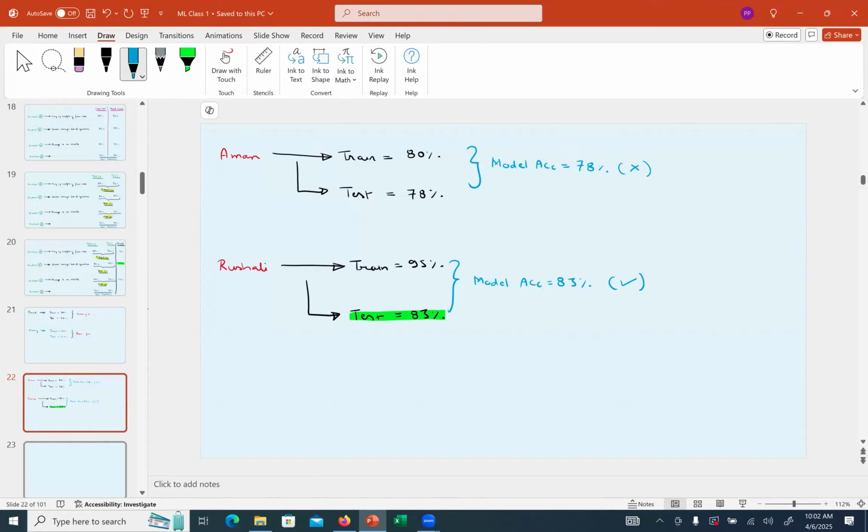One question, sir. Yeah, tell me. Why is train 33% and test 70? We can use 100% for testing the data, right? No, no. Testing data is the unseen data.